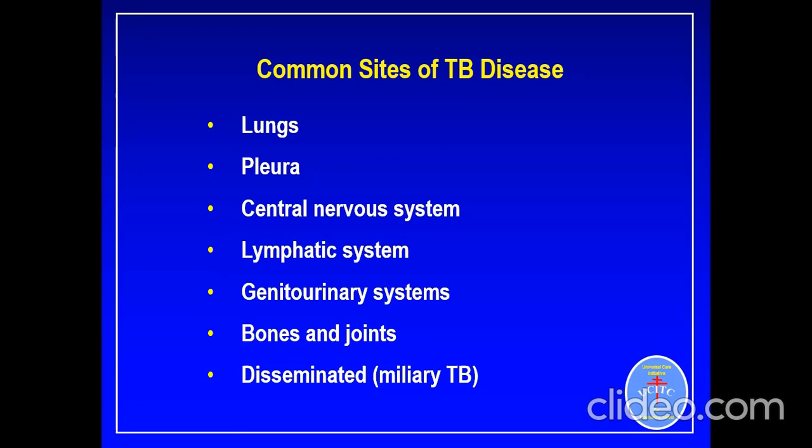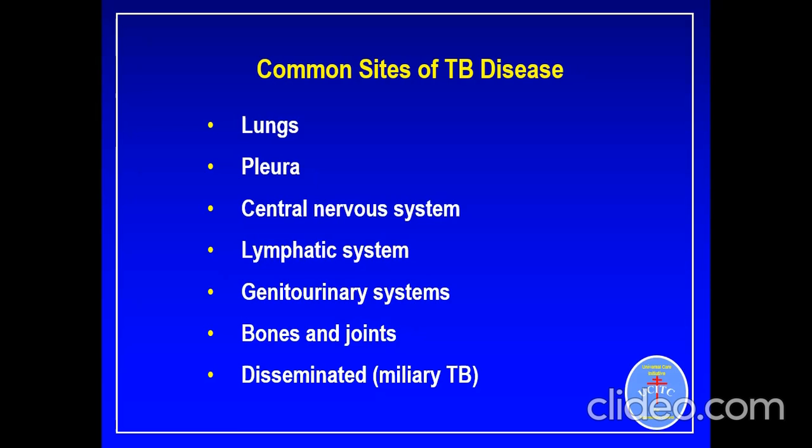The lymph nodes also occur in the chest, as we've seen in the earlier diagram. So that's lymphatic system. Then the genitourinary system, bones and joints, and then disseminated, occurring everywhere. So in short, wherever there is blood circulation, there can be tuberculosis.